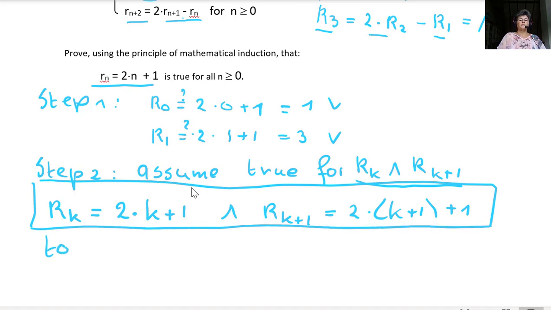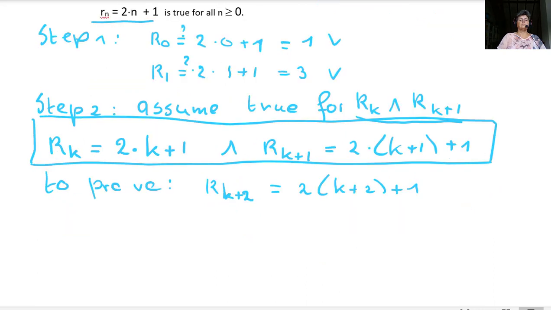And then we need to prove that it's true for Rk plus 2. So to prove that Rk plus 2 equals 2 times k plus 2 plus 1. Okay, let's give it a go. Proof.